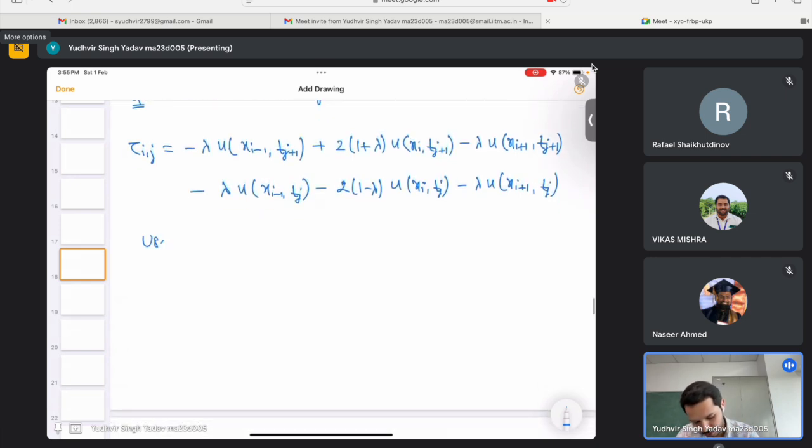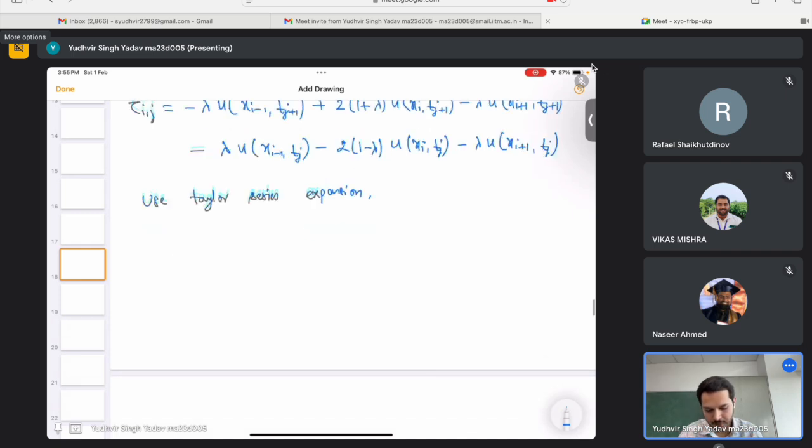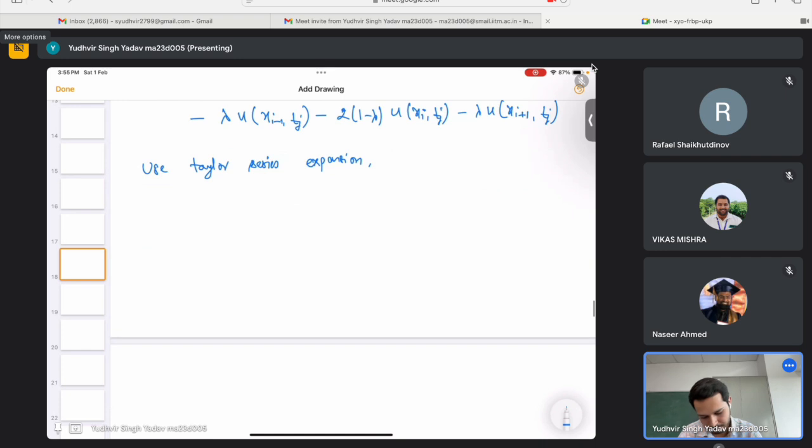So here we will use Taylor series expansion again, and we expand the following terms.